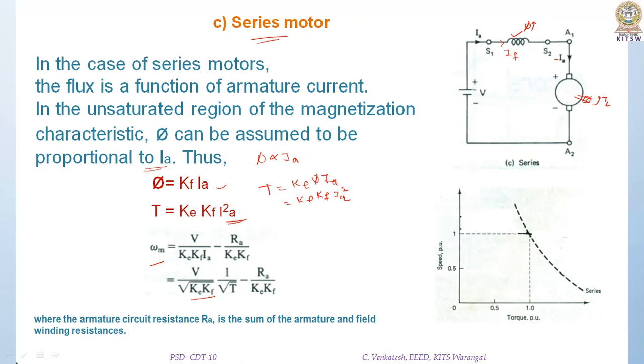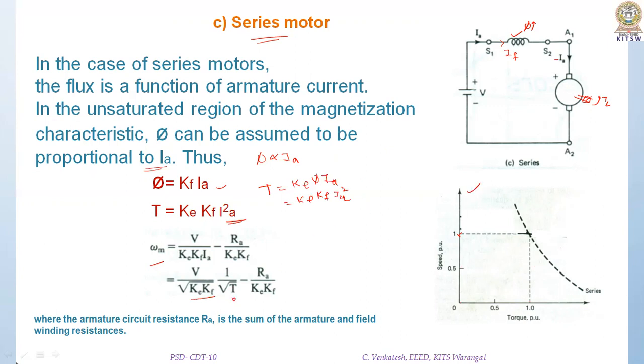So what is the observation here? Omega m is almost inversely proportional to square root of T. So with that, the curve will look like this, for a series motor. Hence at rated torque, you can see this is the rated speed. Under no load condition, when T is equal to 0, omega becomes infinite.